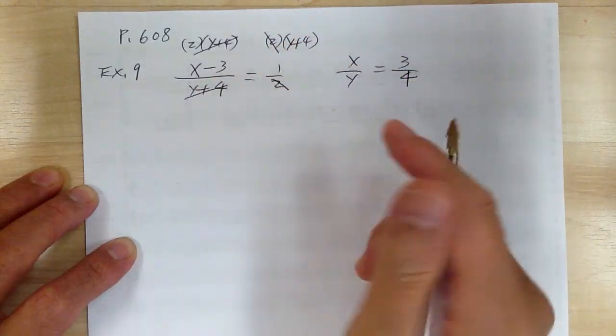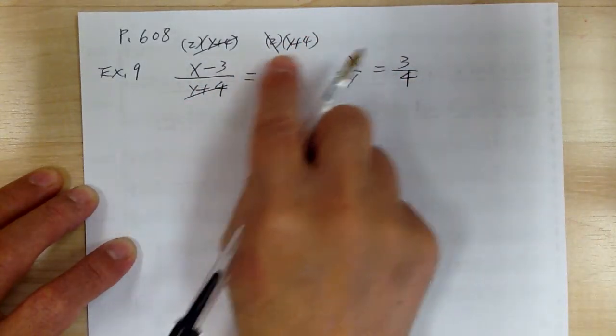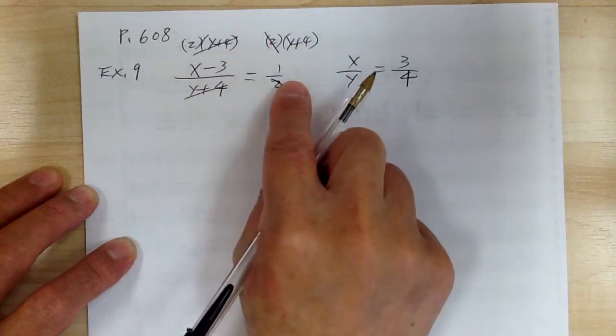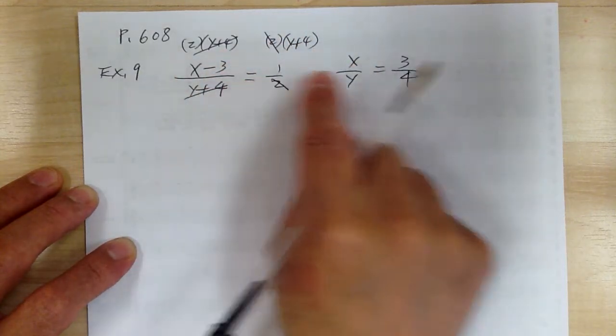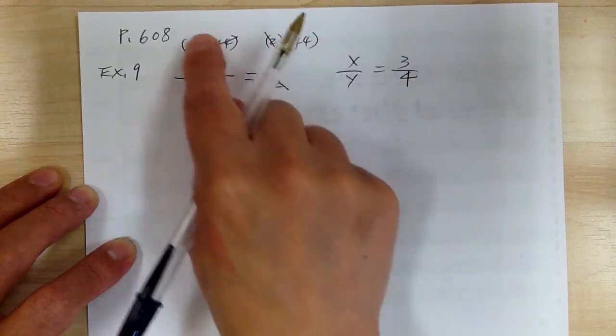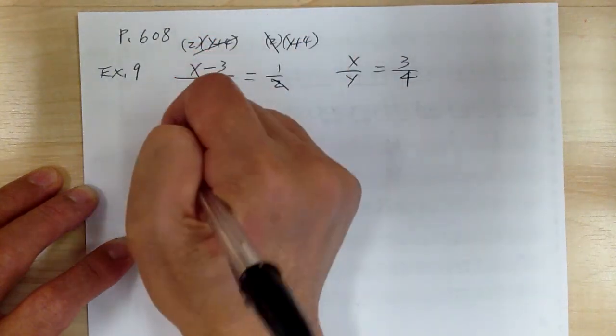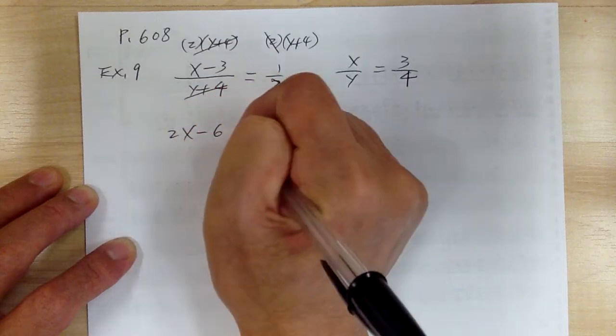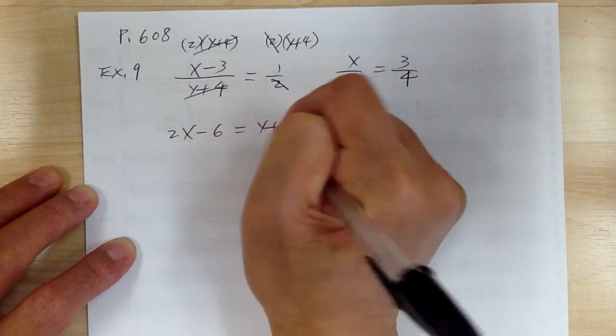It's like cross multiplying. So I'm going to use the LCD for this side, and for this side I'm going to use cross multiplication. Again, multiply by the LCD, and then it cancels out, and you multiply out. So you got 2x minus 6 is equal to y plus 4.